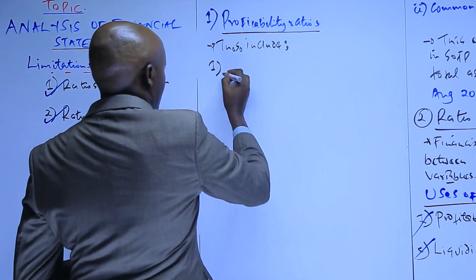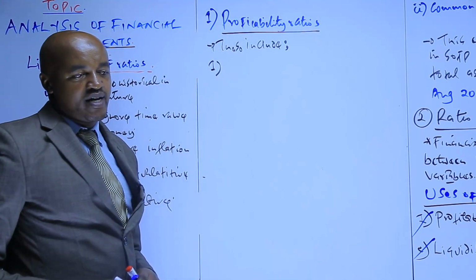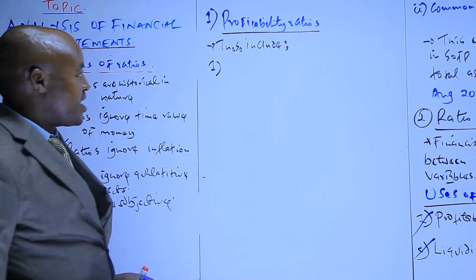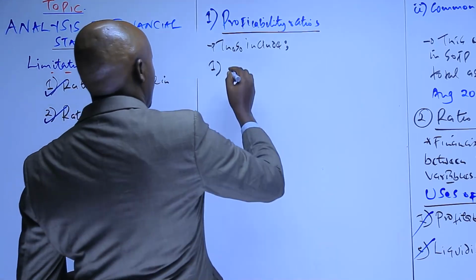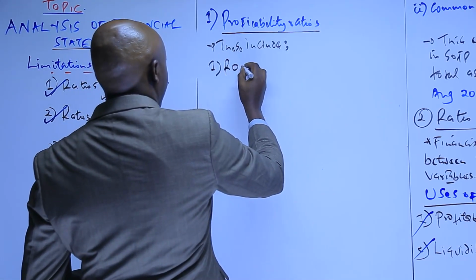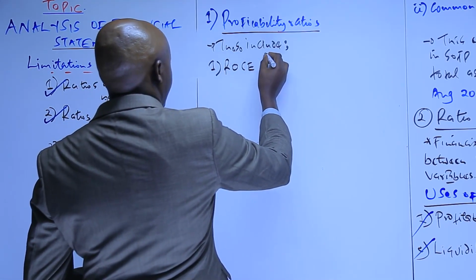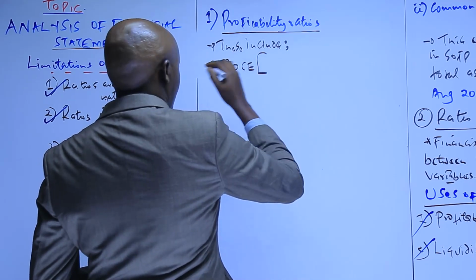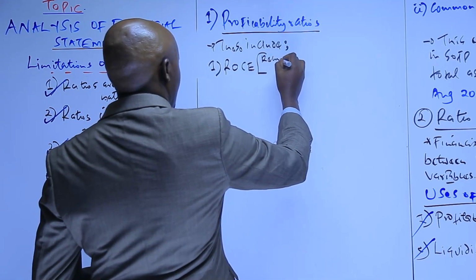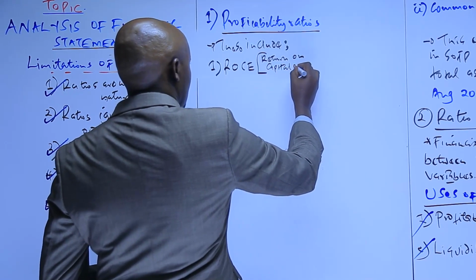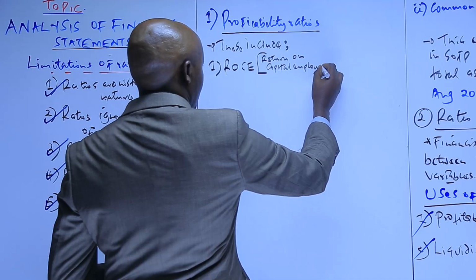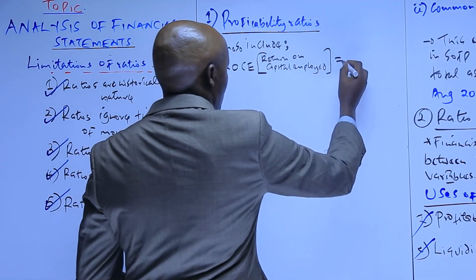What is important as far as these ratios are concerned is to remember the formula, because without remembering the formula, you can't tackle any question on ratios. So we have the first profitability ratio, which is known as the return on capital employed, abbreviated as ROCE. How do we compute this?